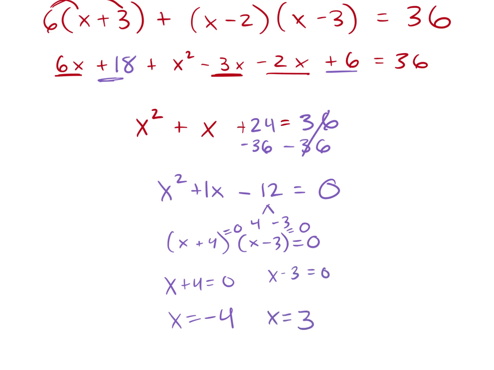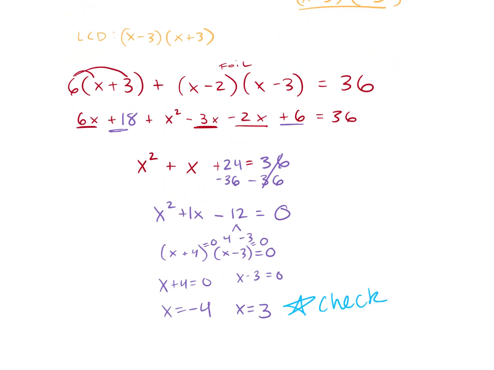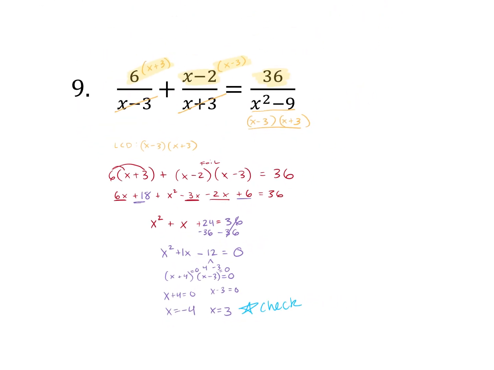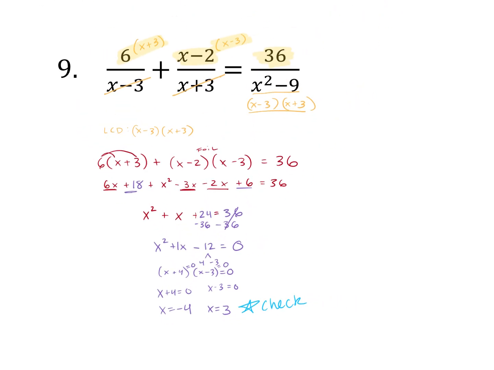What do I have to do next? Plug them in. What am I plugging it into? What do I need to check for when I have fractions? What are we checking for? Can't have 0 in the denominator.